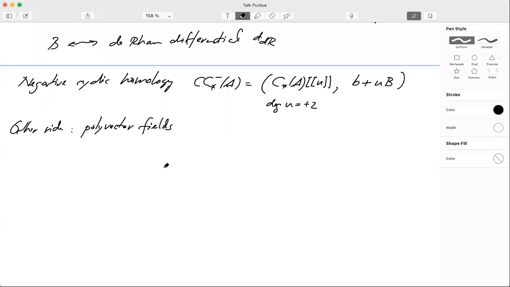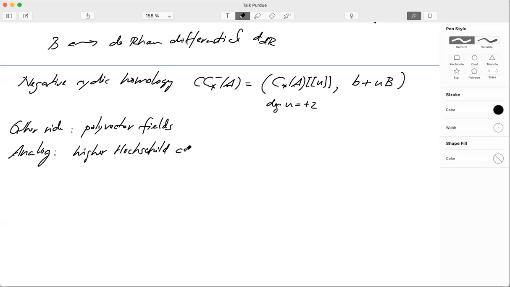The analog is going to be something that we described in a previous paper with Maxim and Yiannis, that they had also been working on for a long time. And I'm going to call this higher Hochschild cochains.